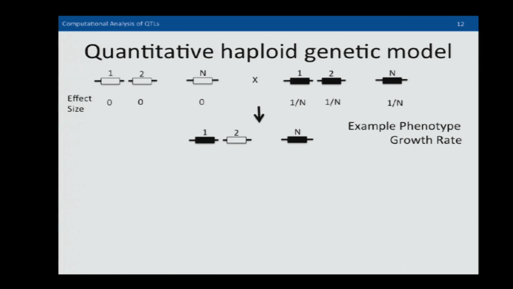So the effect of mom on this particular quantitative trait might be 0, might be the amount of ethanol produced or some other quantitative value. And dad, on the other hand, since he has n genes, is going to produce 1, because each gene contributes a little bit to this quantitative phenotype. Okay? Is everybody clear on that?